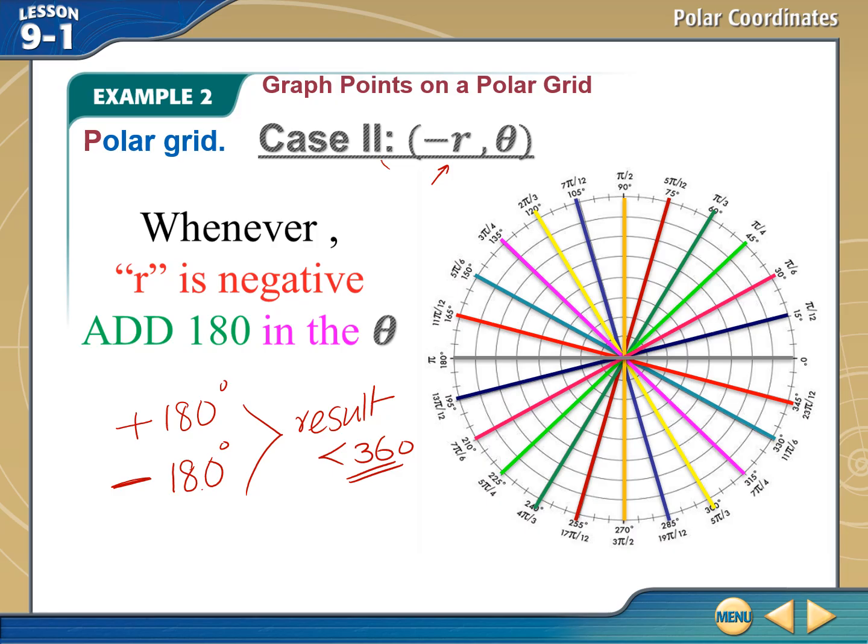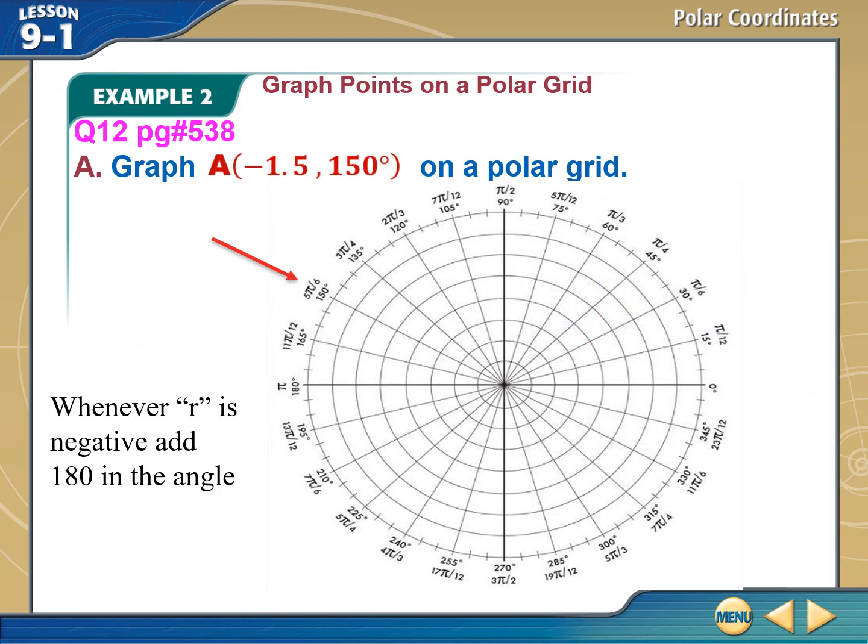But the other thing, I will show you how you can make it. Let's suppose it's 150 degrees. First, just show where 150 degrees is. Here, this line shows you the 150 degrees. Now R is 1.5, so ignore the negative and only find out R is 1.5. Somewhere here the point is.